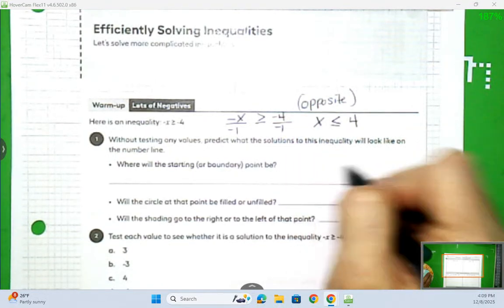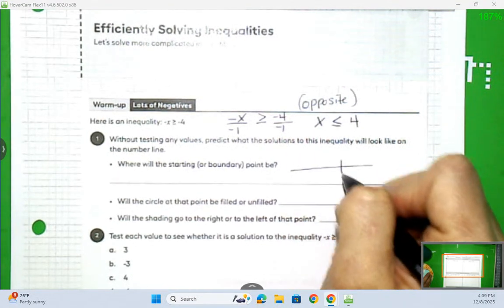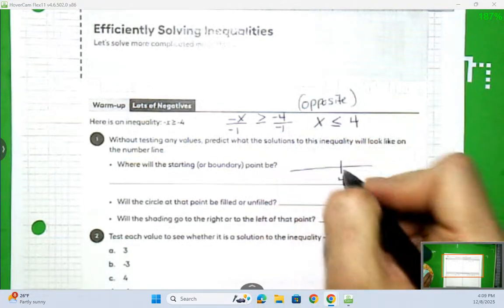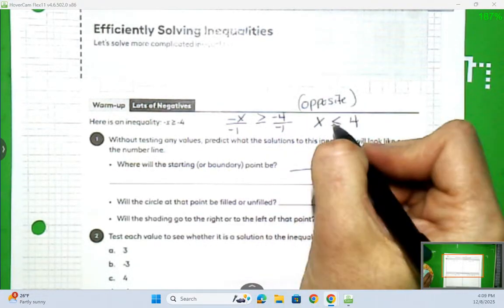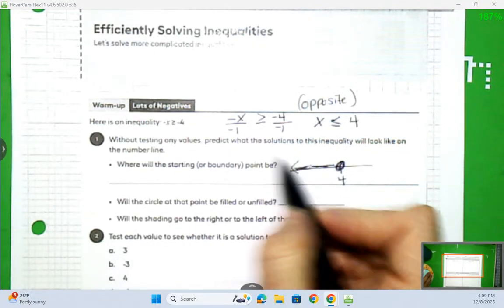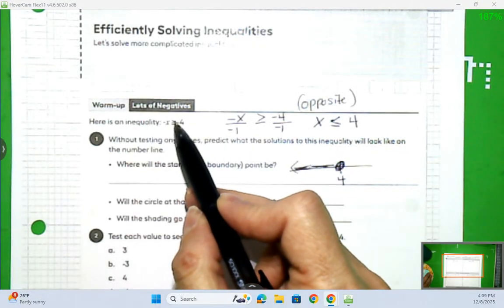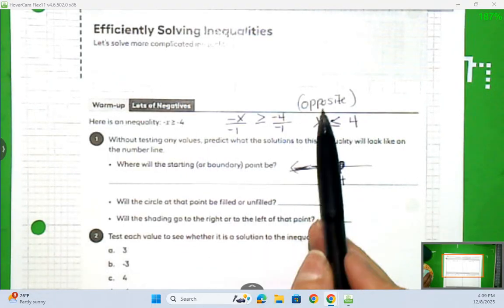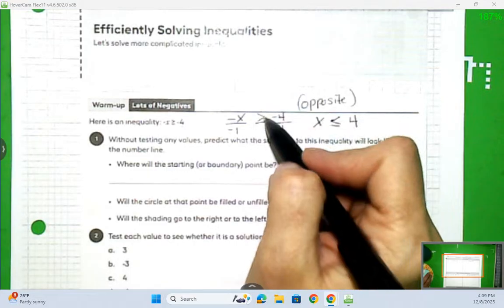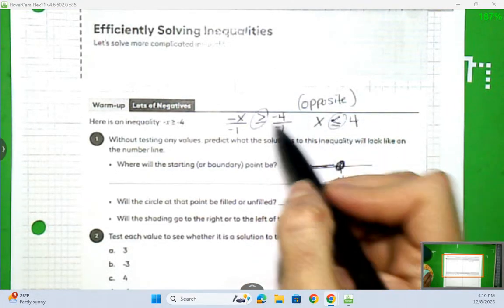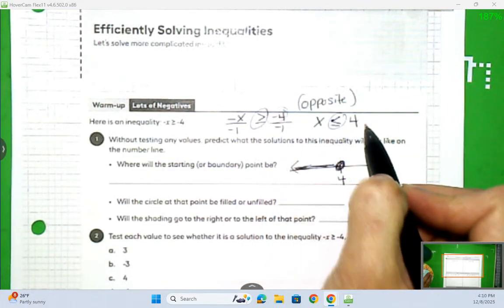So in my mind, I would have a picture of the number 4. I do have an equal sign in there, so I know it's going to be shaded in. And x is actually going to be less than 4 because we're told that the opposite of x is greater than or equal to -4, which means the opposite operation in terms of inequality, and also the opposite of the number.